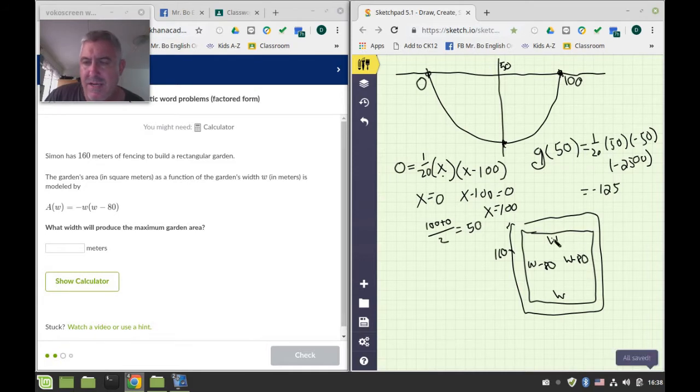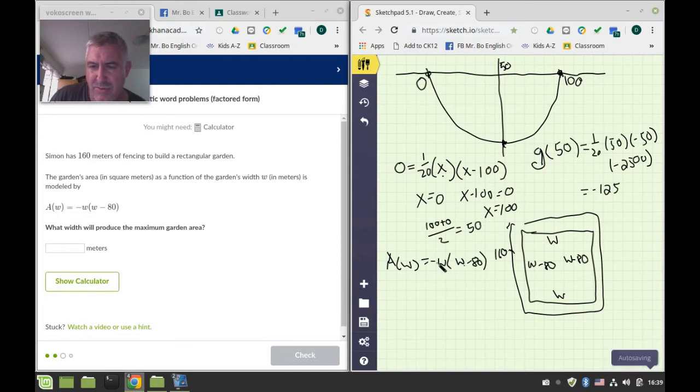So our area is negative W times W minus 80, okay? So they want to know what width will produce the maximum garden area. So we have this area function for width is equal to negative W times W minus 80.